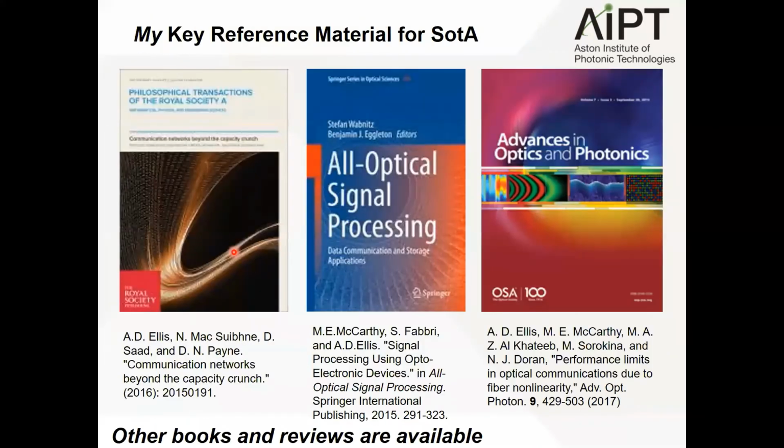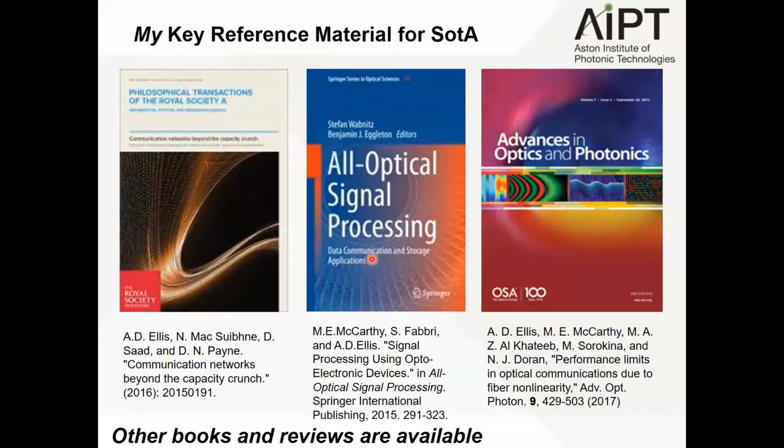Again, most of those are at ECOC. If you're not able to get to ECOC and you want to hear the technical details behind what I'm saying, I've put most of it in these sorts of publications. So the socio-political sort of economic stuff is in this philosophical transactions paper. There's technical details in this review paper, and some of those graphs, the details behind those are in this book chapter in the book published by Wabnitz and Eggleton.